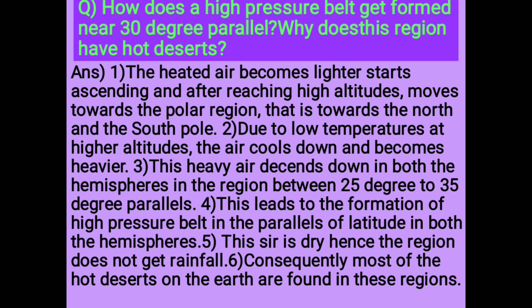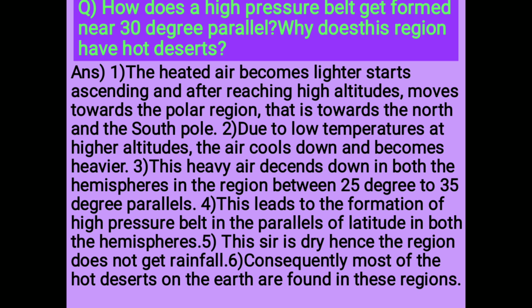Point number 2, due to low temperature at higher altitude, the air cools down and becomes heavier. Point number 3, this heavy air descends down in both the hemispheres in the region between 25 degree to 35 degree parallels.